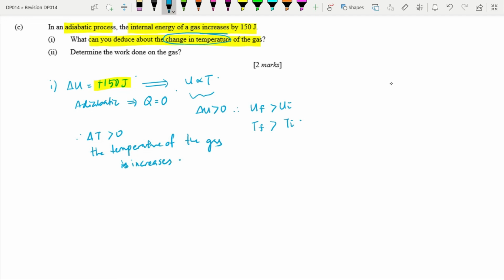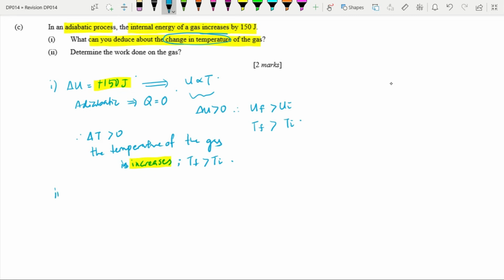Okay, the temperature of the gas increases. Okay, so T final is greater than T initial. Okay, so dia just nak kita beritahu tentang apa jadi dengan perubahan temperature lah. So, kita nak highlightkan temperature tu increase kat situ. Okay, so 2 markah. So, tu markah pertama.